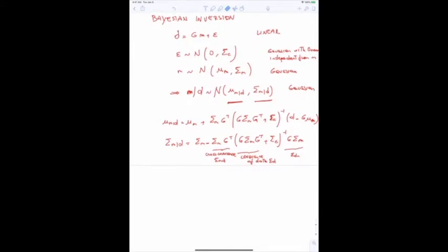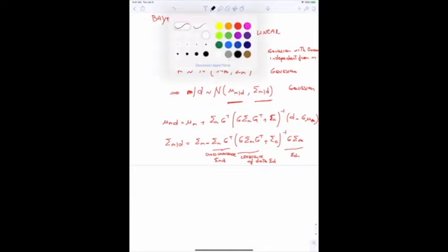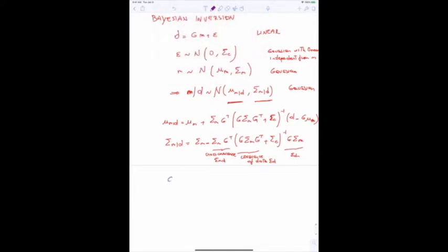Now, if we simply assume that we're working in the univariate case, we have one parameter, one data point, and G is 1 by 1. Then we get the special case. M is distributed according to a Gaussian distribution with prior mean and prior variance sigma m.